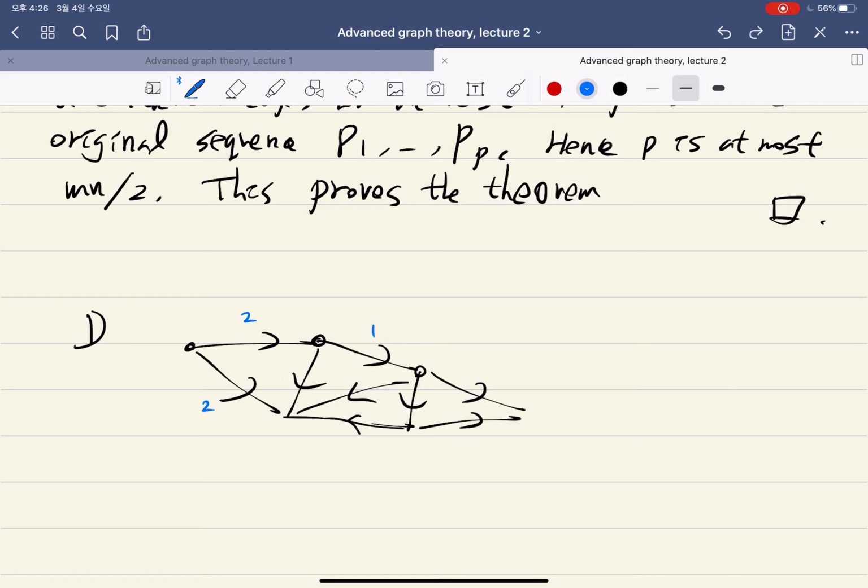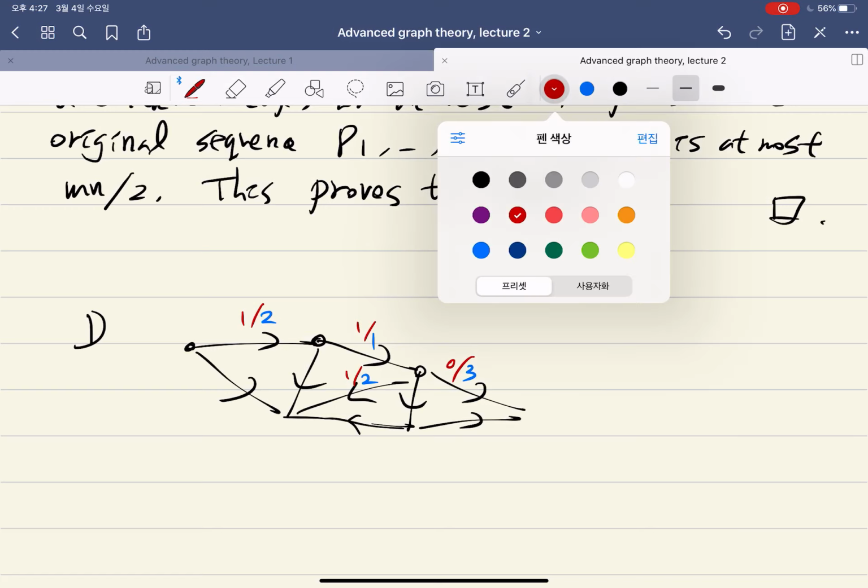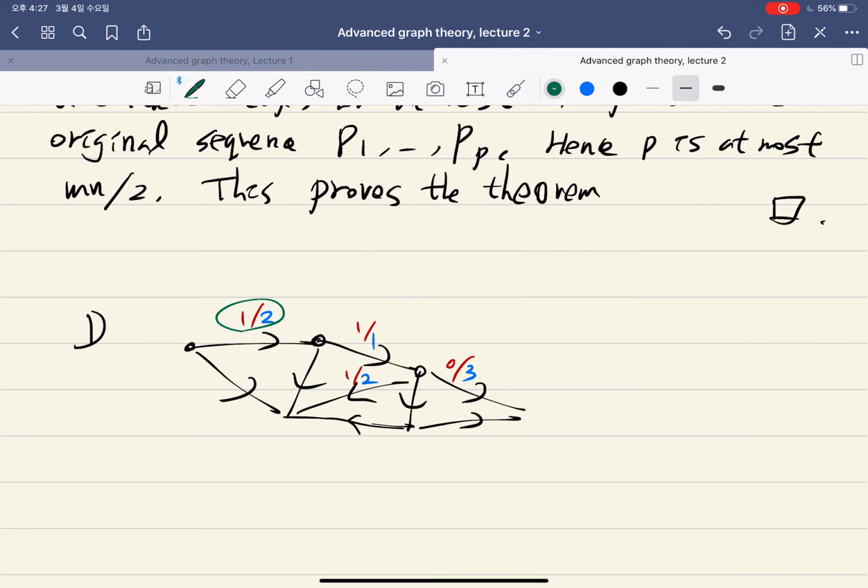It's difficult to write the numbers so that the rules are satisfied. But let's say some number. What we do is, here, this flow value is 1 out of capacity 2.